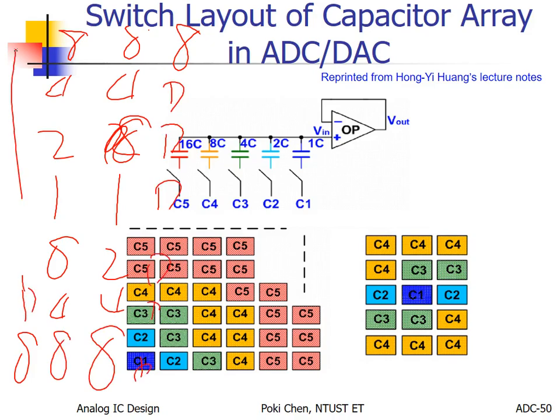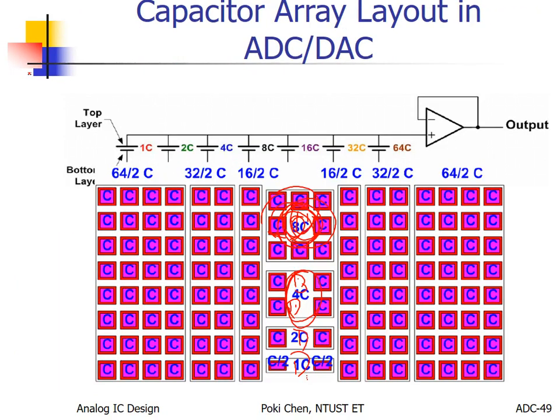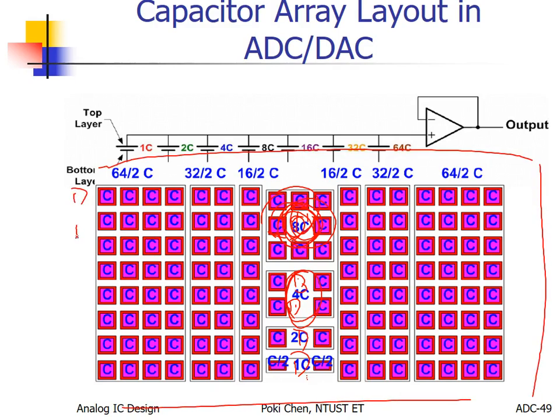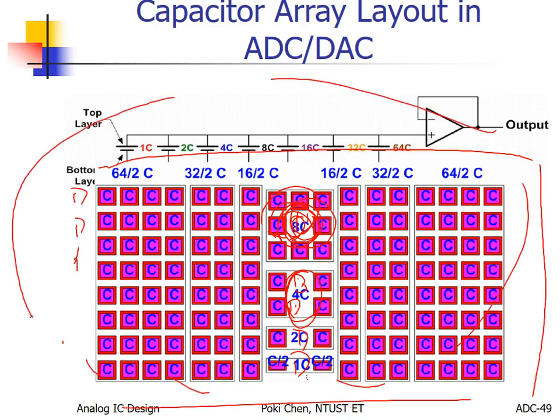Dummy all the way, surrounding everything. Got it? Even at the corners. It can ensure you not so bad accuracy after fabrication. Otherwise, your accuracy will be really bad for such kind of capacitor layout.